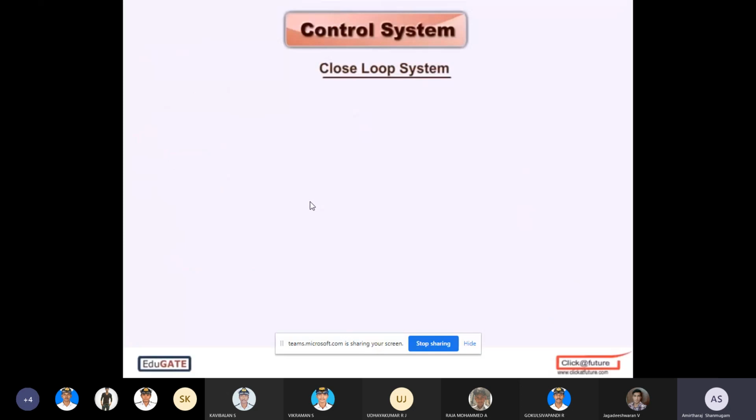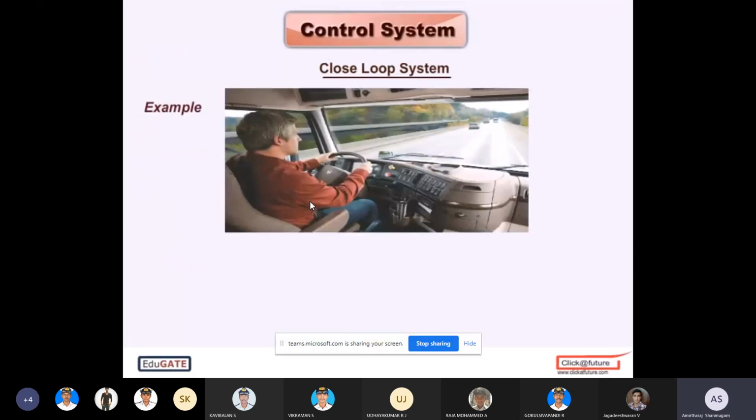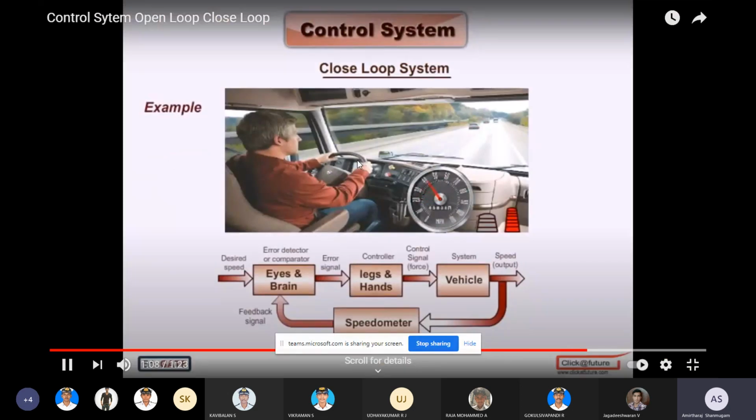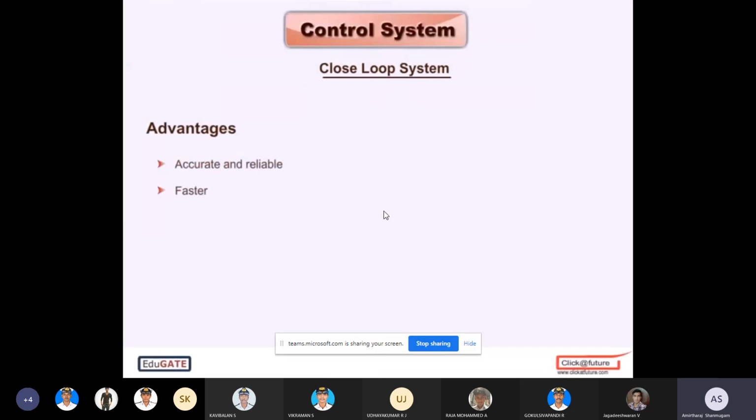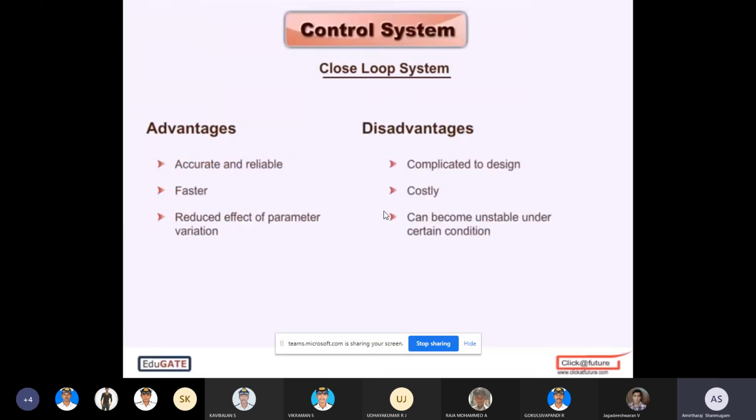The closed loop control system also has the best example in the car. And it summarizes the advantages and disadvantages of the system.